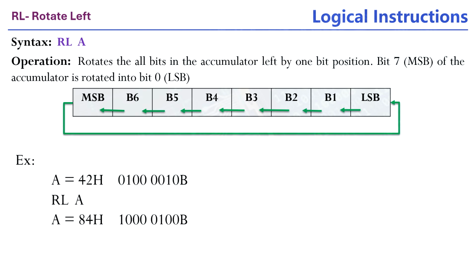So here one example is there. A is having 42. In this case, each bit is moved to the left side. You can see this bit is moved here, this bit is moved here, this bit is moved here, and this one, and the MSB is moved to the LSB.